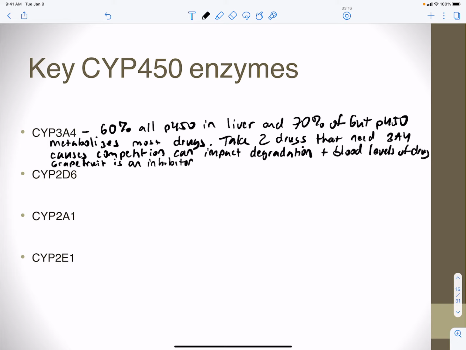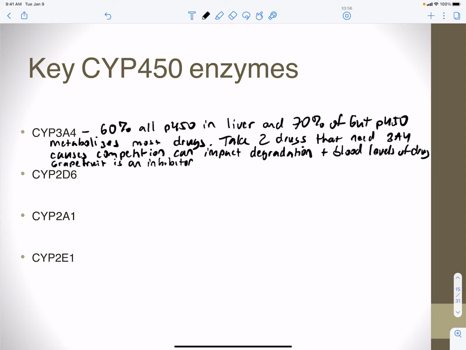So you can't take a drug that needs to be metabolized by CYP3A4 and drink grapefruit juice. A lot of times in the directions for drugs, it'll say you cannot drink grapefruit juice while on this drug, for example. It's because the enzyme that's metabolizing the drug would have to metabolize grapefruit juice, which would alter the metabolism of the actual drug. An example of a drug that uses CYP3A4 are some of your heart medications, for example.